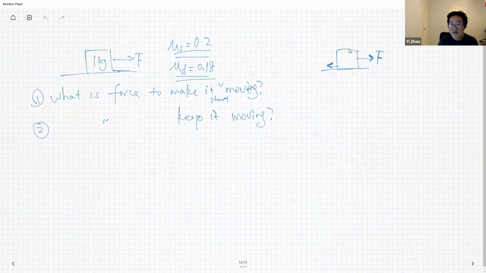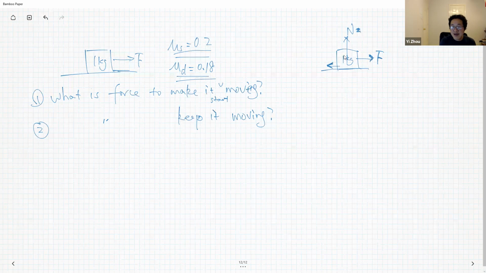What is the normal force when you place a 1 kilogram box on here? If it is 1 kilogram, what is the normal force? Hi, Tracy. I don't know. Oh, you don't know the normal force? Okay.